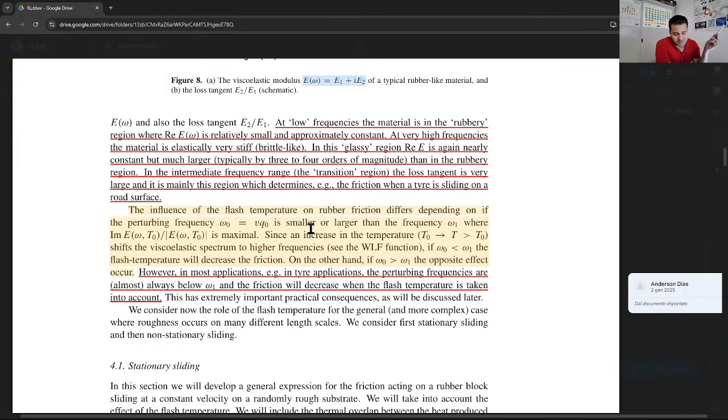As we see in the function, if omega 0 is lower than omega 1, the flash temperature will decrease the friction. This is because it depends on temperature and frequency.